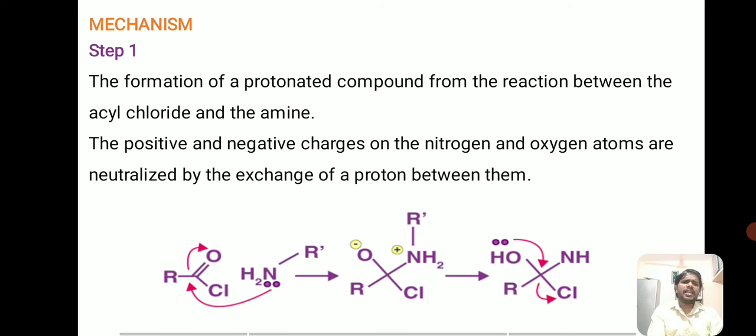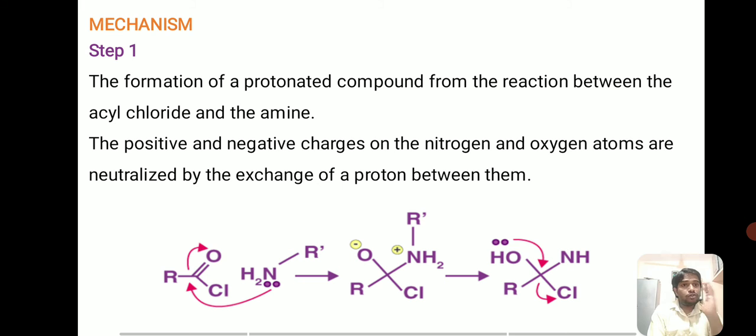Coming to the mechanism of this reaction, in the first step, what happened? The formation of a protonated compound from the reaction between the acyl chloride and the amine takes place.